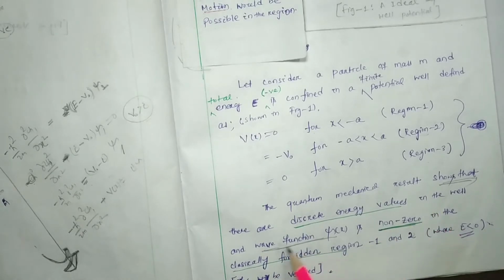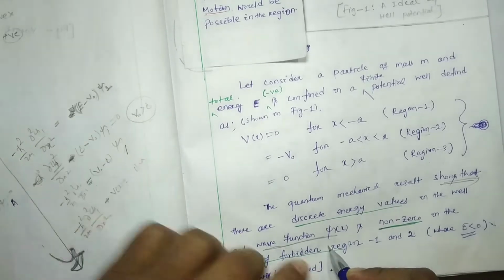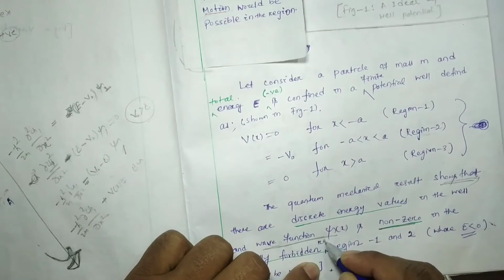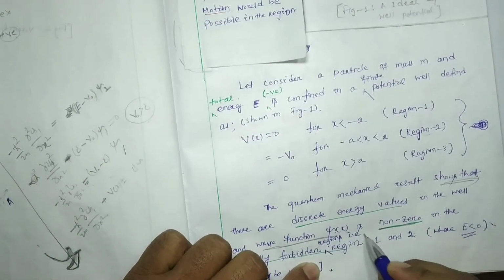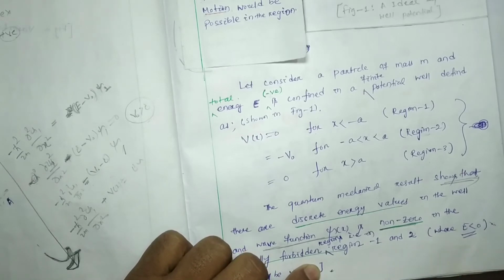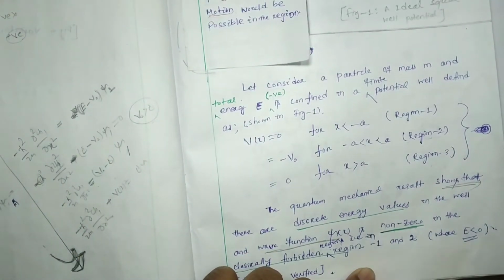So the wave function is non-zero in the classically forbidden regions, that is, in regions 1 and 3.